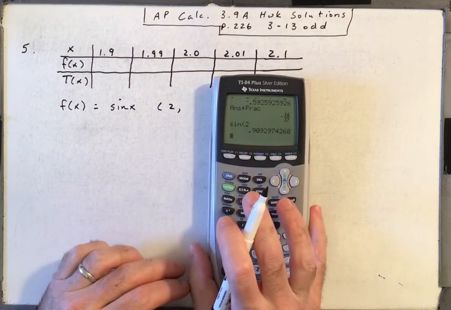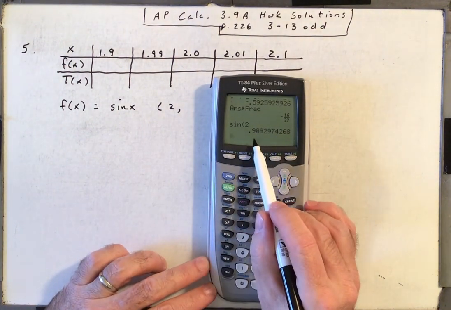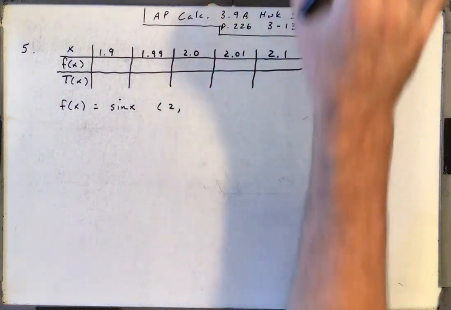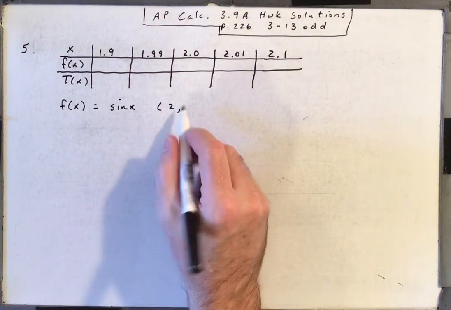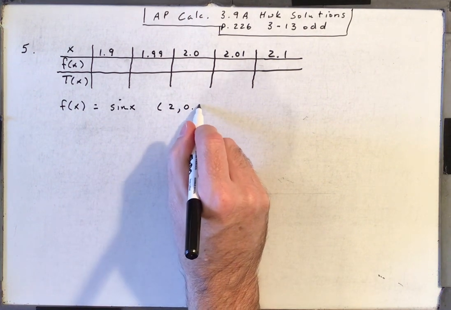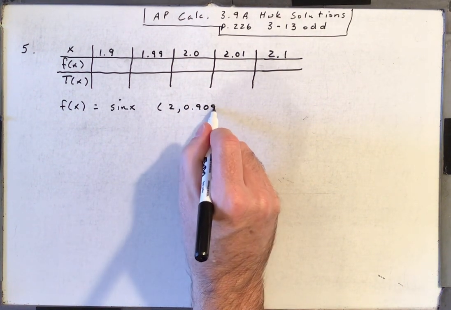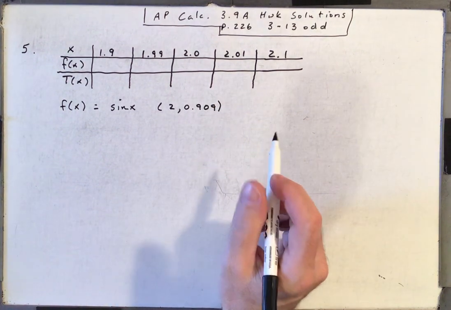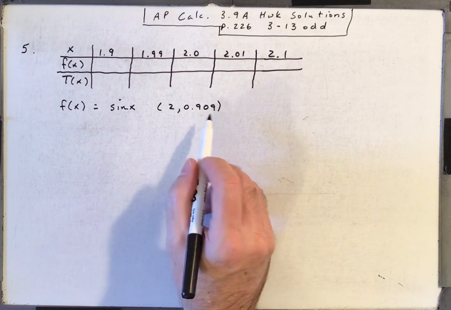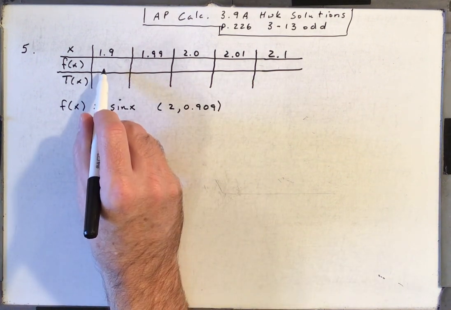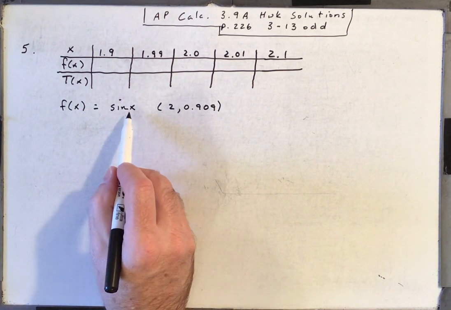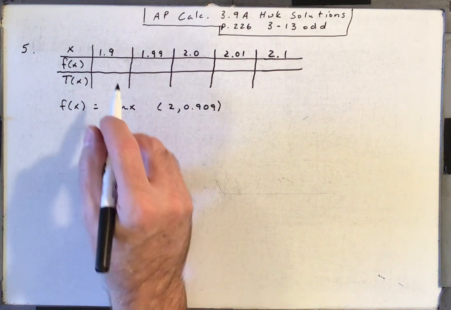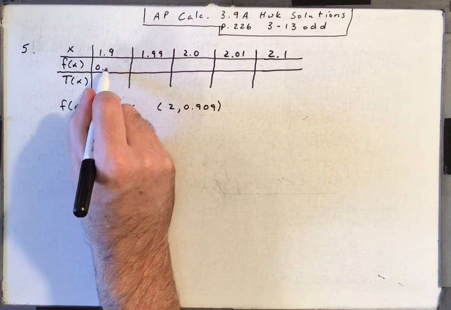So sine 2, that's already in my calculator, is 0.909. Now, your calculator has to be in radians. I'm just going to put that as a decimal out to three decimal places. So let's go ahead and plug these numbers in. If you plug in sine of 1.9 with your calculator in radians, you get 0.946.